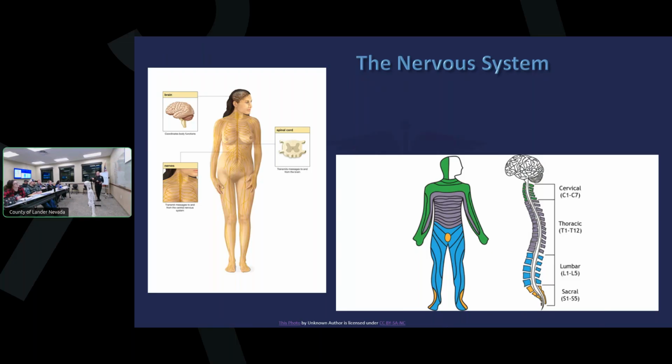You can see the purple thoracic is right in here. Our cervical is green, back of the head. Our lumbar is our legs, and our sacral is the outside of our feet, our junk. So this is called our dermatomes, DERMATOMES.